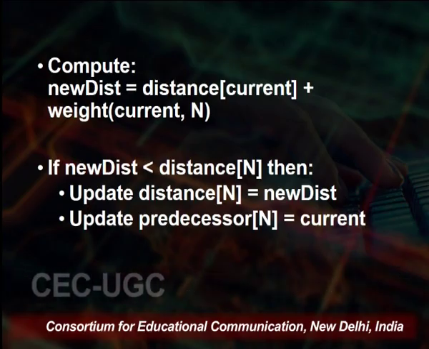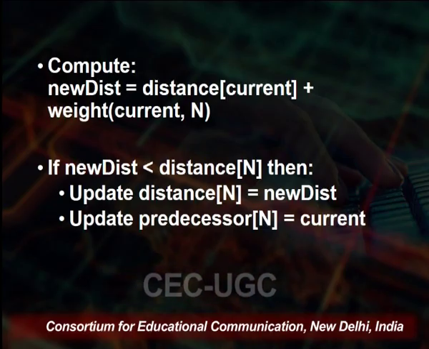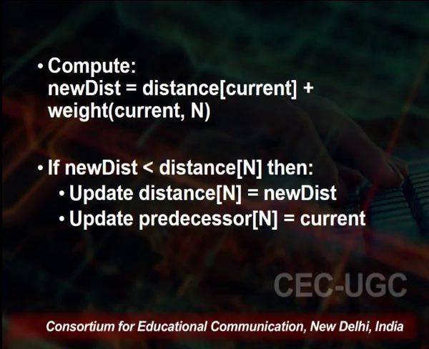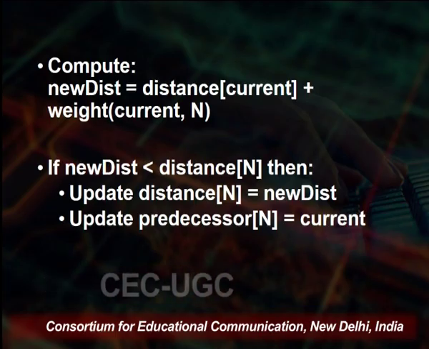If the new distance is less than the distance of n, then we need to update the distance of n as the new distance, and in a similar manner we are going to update the predecessor of n, which is going to be the current one.